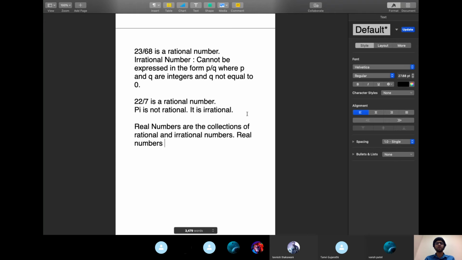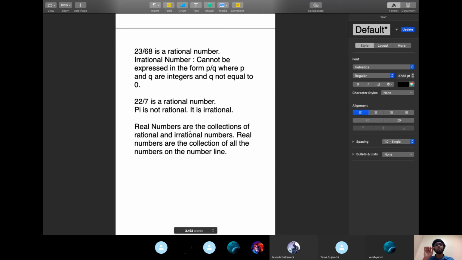Real numbers are the collection of all the numbers on the number line. Important. Remember, there's a number line, right? The number line is extending to infinity on both the sides. So on the right side it goes to infinity, on the left side it goes to negative infinity, and there's 0 in the center. I'm sure all of you know a number line. So real numbers are the collection of all the numbers that can be written on the number line.